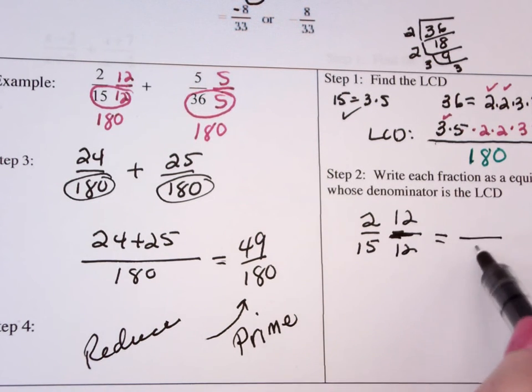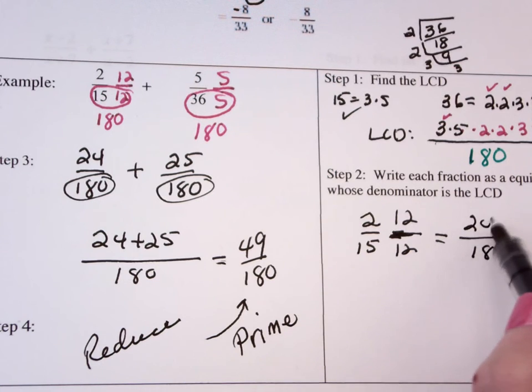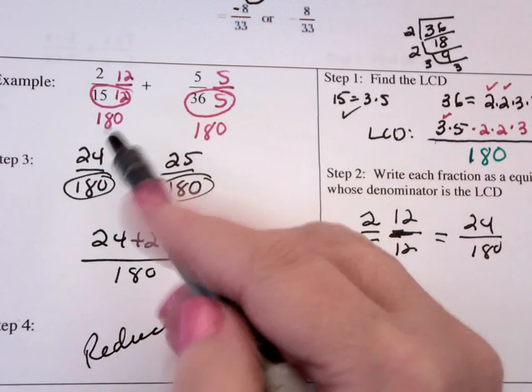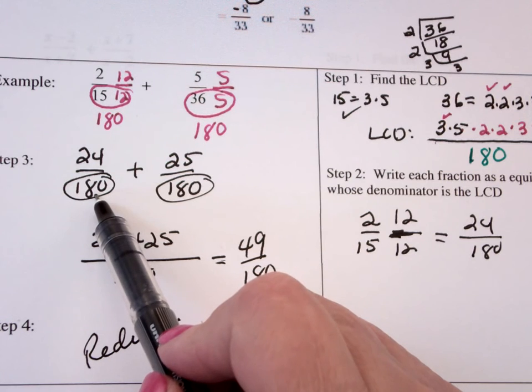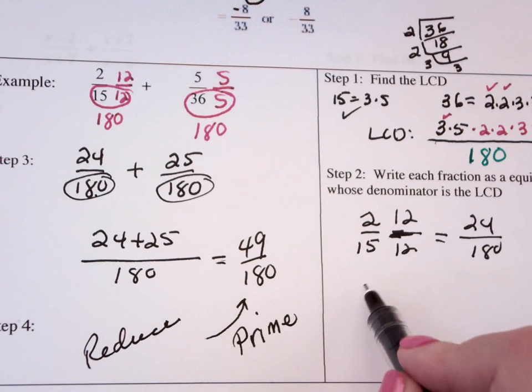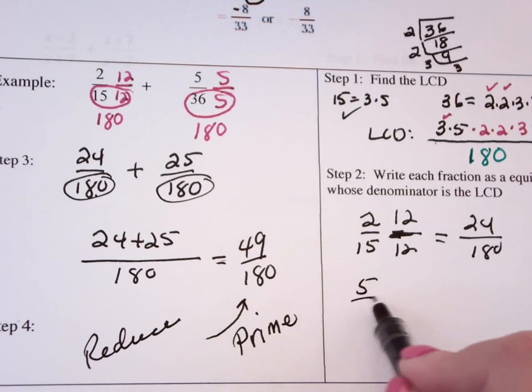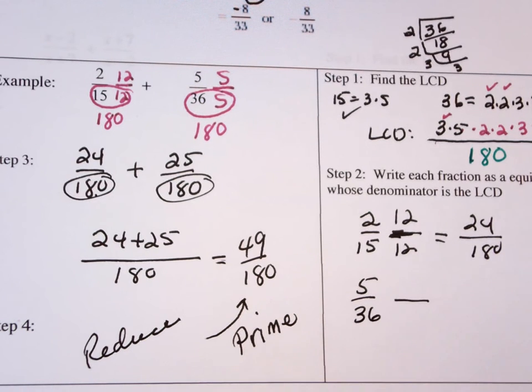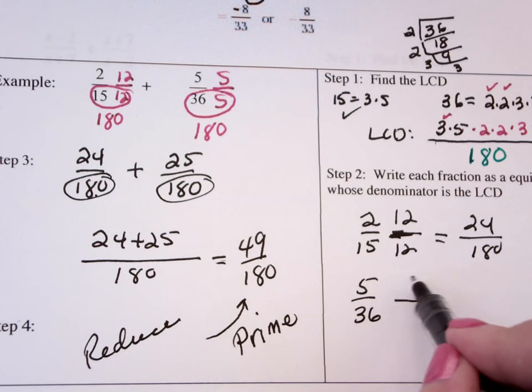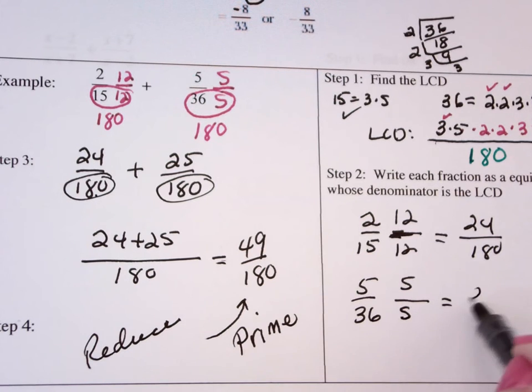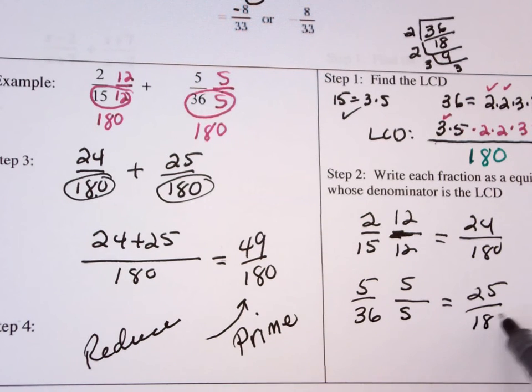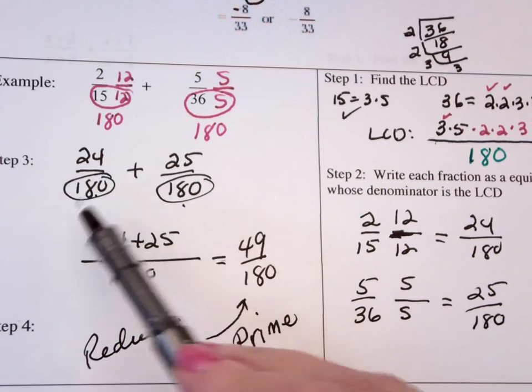Then this becomes 180, and that's 24. And that's where 24 over 180 came from. And then you would take 5 over 36, and then multiply it by 5 over 5. So that's the 25 over 180. So this is this guy, and then you add the 2.